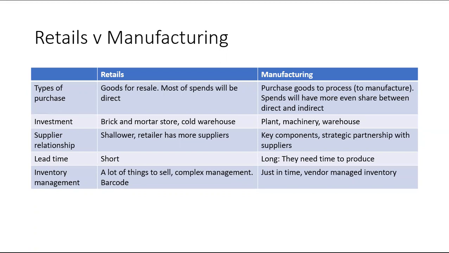In retail, inventory management can be very complex due to a large number of items, and they may apply different ways to manage the inventory. Most notably, you may see it when you come to a supermarket. They often use barcoding. In manufacturing, to minimize the cost of holding inventory, they often use just-in-time.